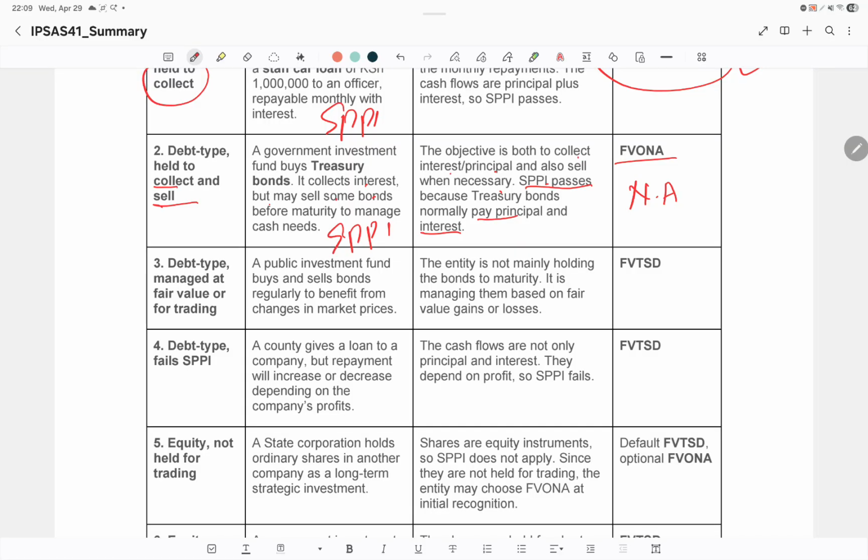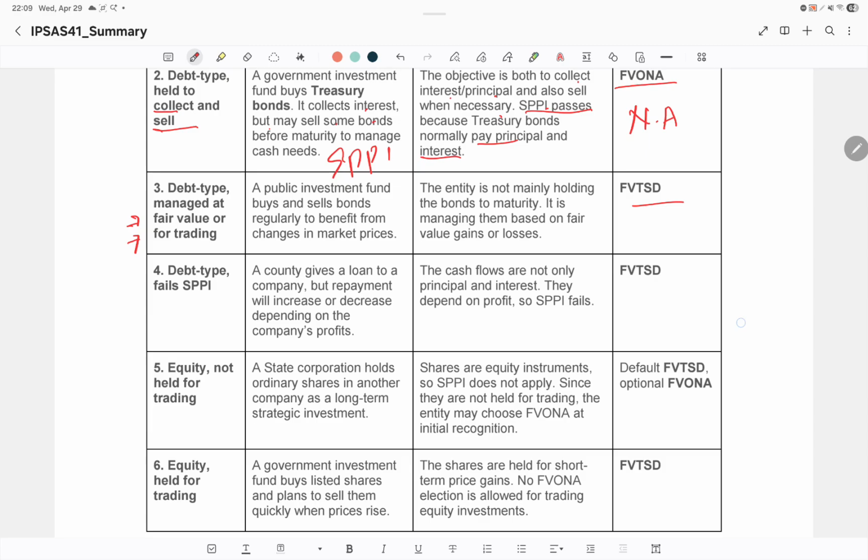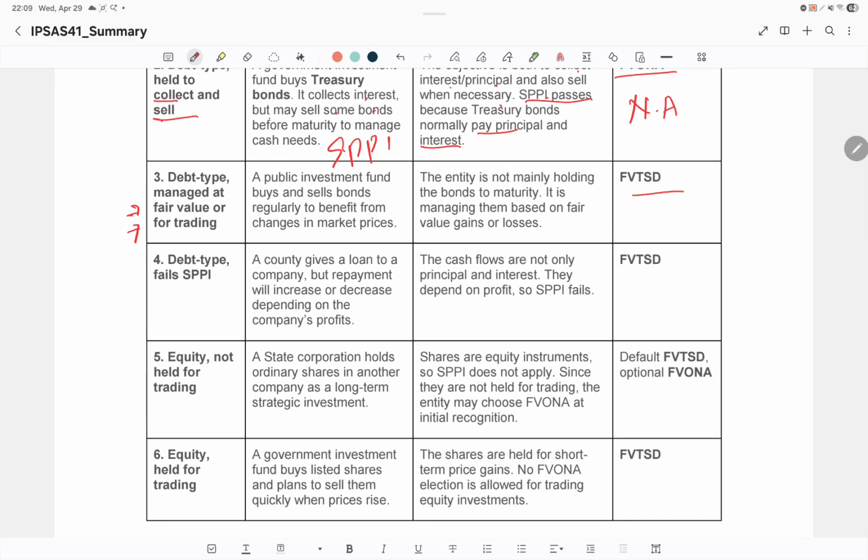Debt type managed at fair value or trading. So the aim is for trading, you use fair value. As the name describes, you use fair value through surplus or deficit. So the rest of these you can use fair value through surplus or deficit.